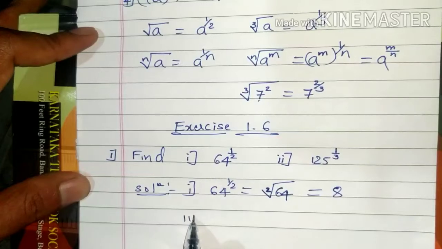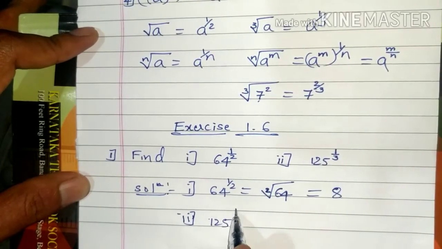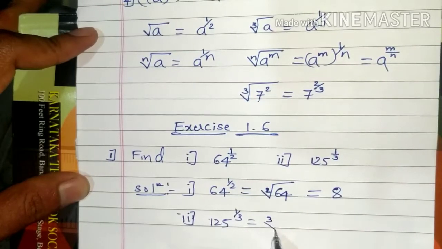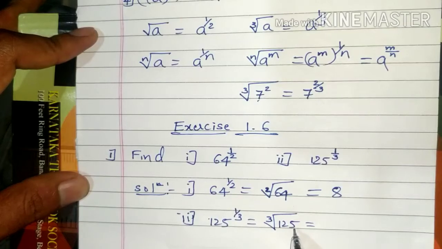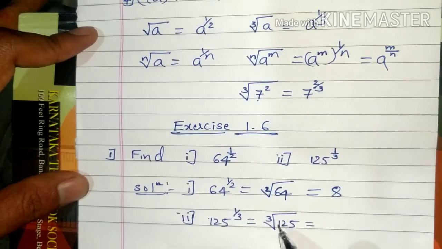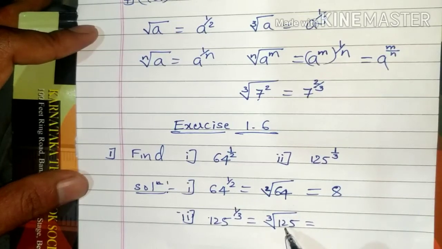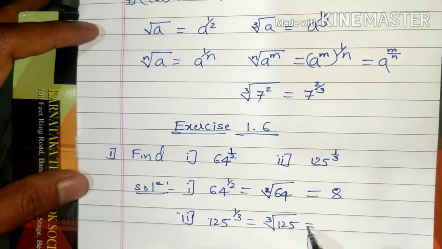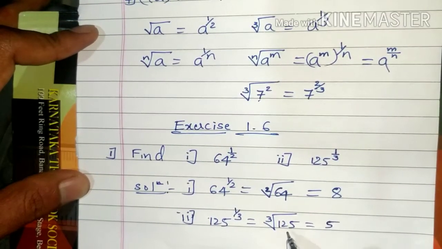In the same way, second problem, 125 raised to 1 by 3. We consider it as cube root of 125. Cube root of 125 means, on multiplying which number 3 times will you get 125. So you should know all these cubic numbers and square numbers. 5 into 5 into 5 gives 125, so the answer is 5.